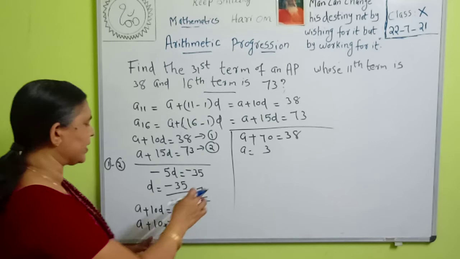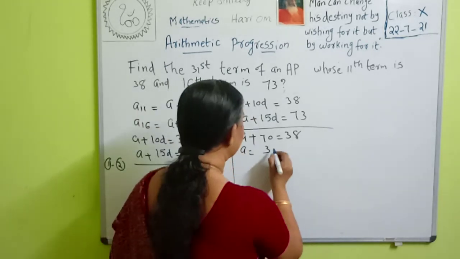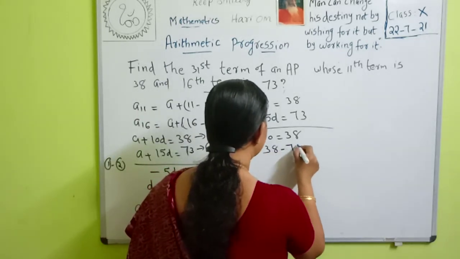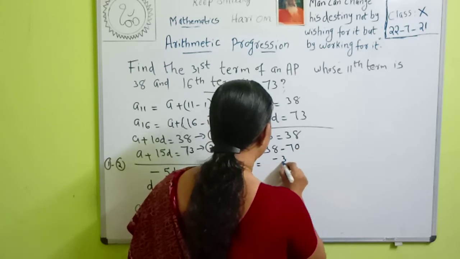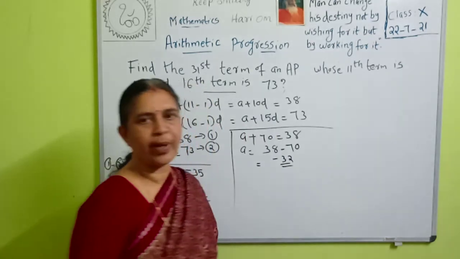A plus 70 is equal to 30. Then what is A? A is equal to 30 minus 70, that is equal to minus 40.